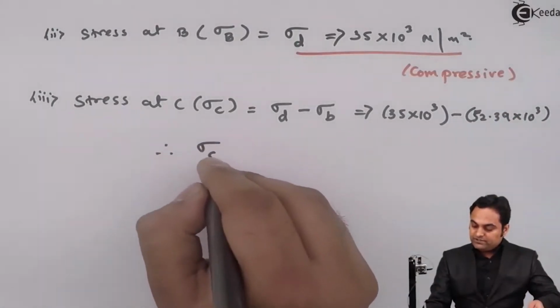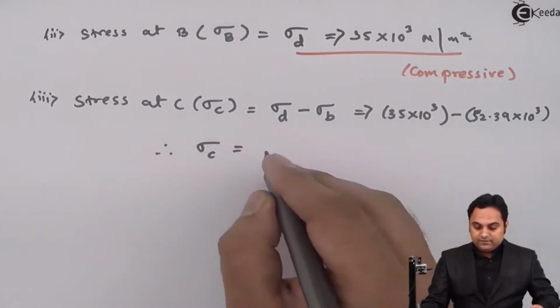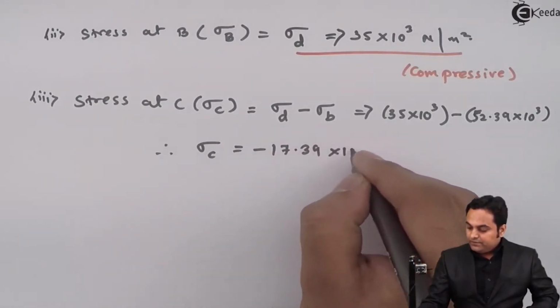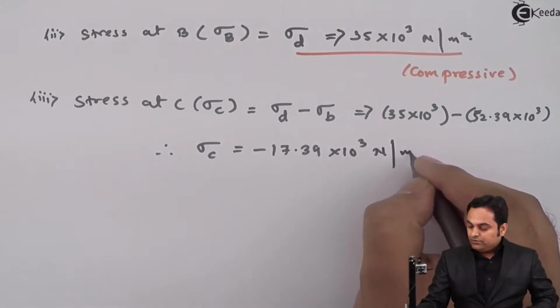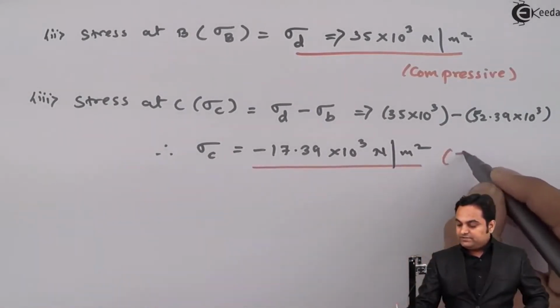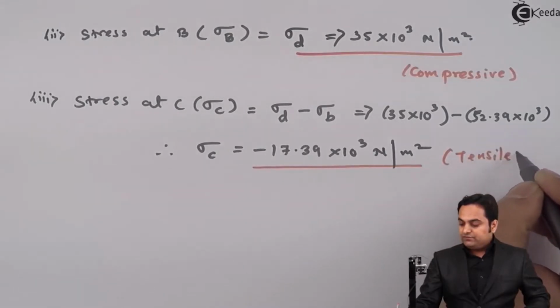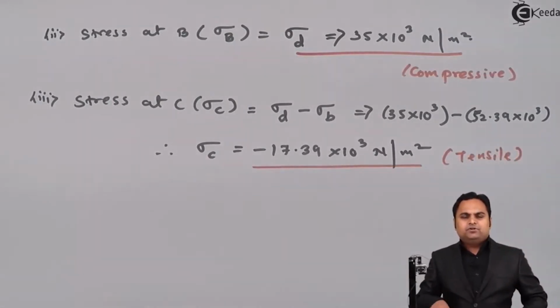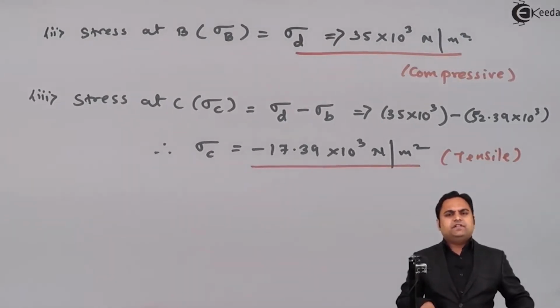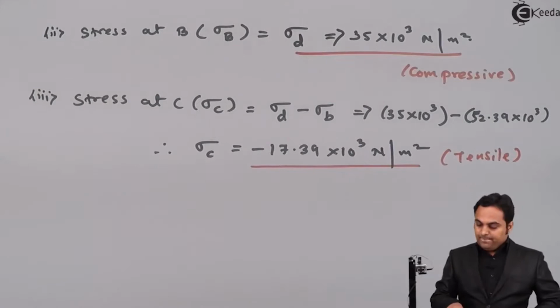So sigma_C is minus 17.39 into 10 raised to 3 Newton per meter square. As the answer is negative, the stress is tensile in nature, because in this chapter compressive stress is taken as positive and tensile as negative.